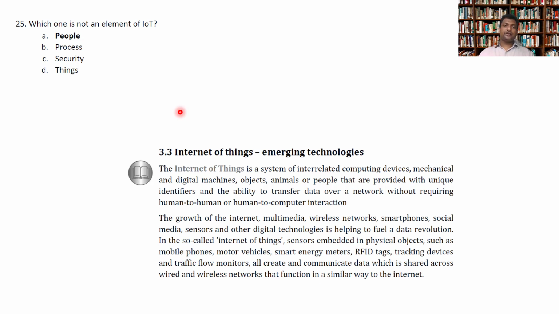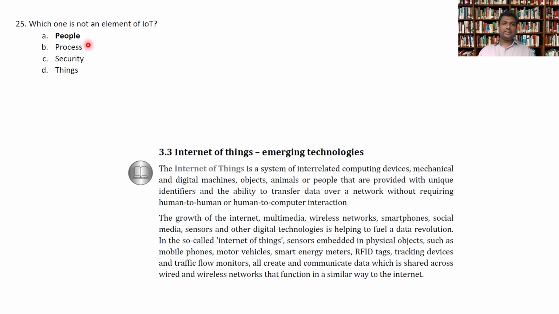The software in the phone can tell whether you had a good night's sleep, whether your heart rate is okay, because you have a device on your hand which is measuring your vital signs. So basically you are now connected to the internet. Your details are there, right? But the question is asking for an element of IoT.